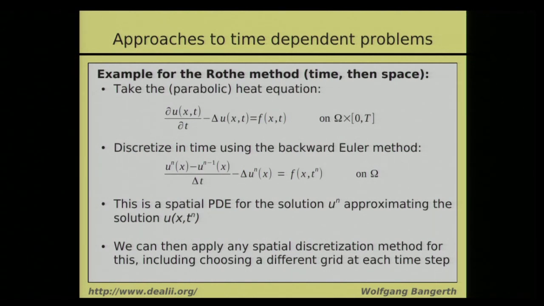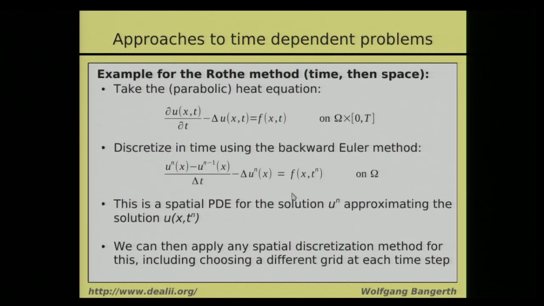So the simplest approximation is the backward Euler method, which replaces this time derivative by the finite difference derivative in time. So it would be (u^n minus u^(n-1)) divided by delta t. And then the backward Euler method evaluates this term with the Laplacian at time n, and it evaluates the right-hand side at time t_n.